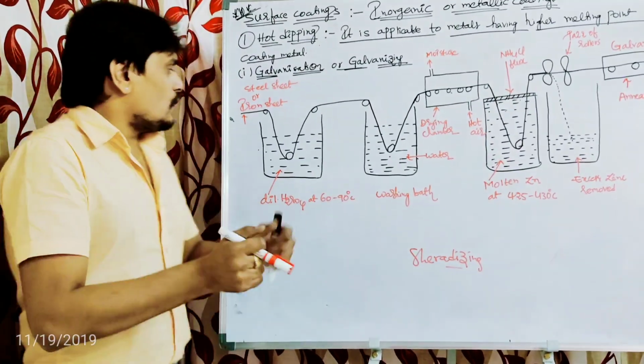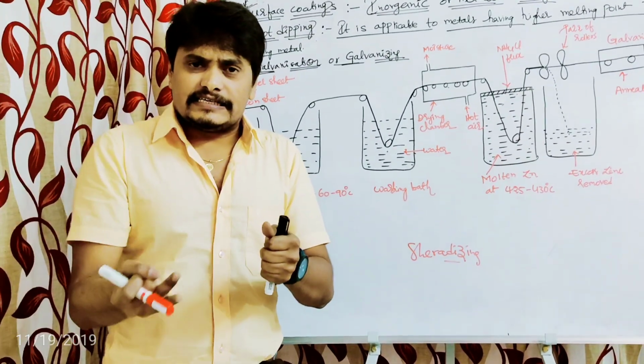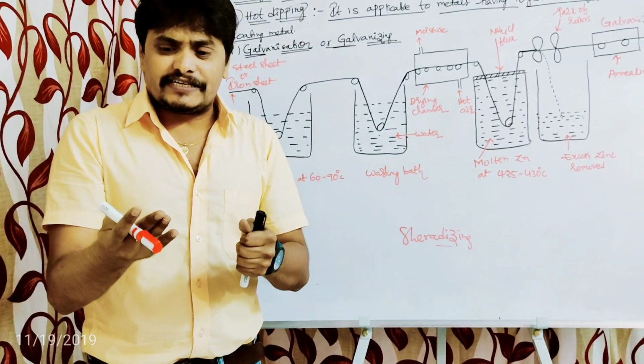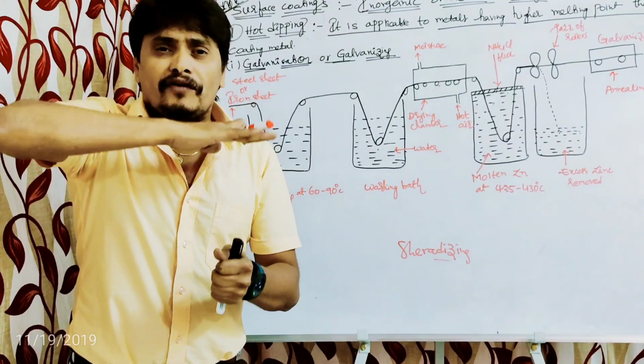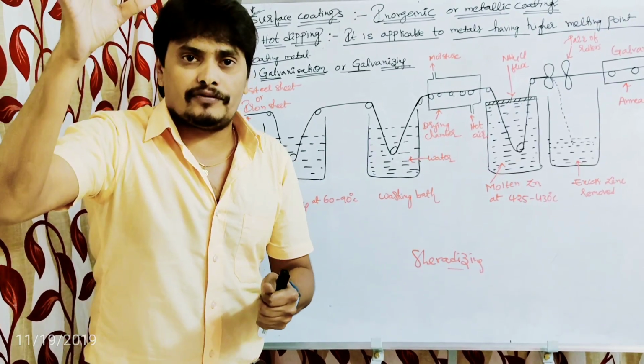During the pickling process, the impurities like dirt, dust, scales, greasy materials and rust accumulated on the surface of the base metal will peel off.